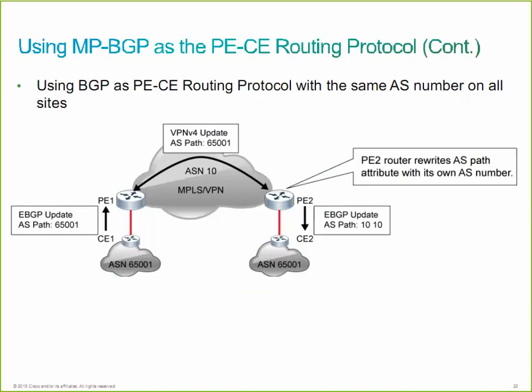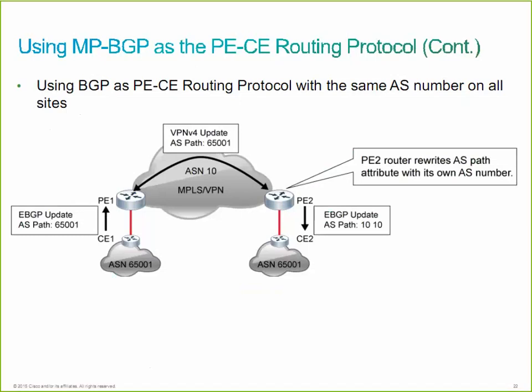There is another issue that arises too when you use AS override, and that is that none of the MPBGP routes can be uniquely identified as originating from a specific site based on the AS path attribute, because the AS path attribute has been rewritten. And even if it wasn't rewritten, we would still see a common AS in each of the path attributes, because we're using the same autonomous system number across multiple sites.